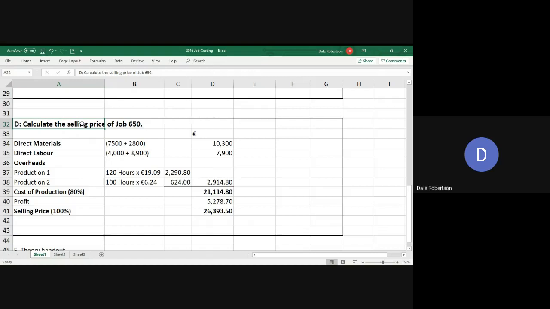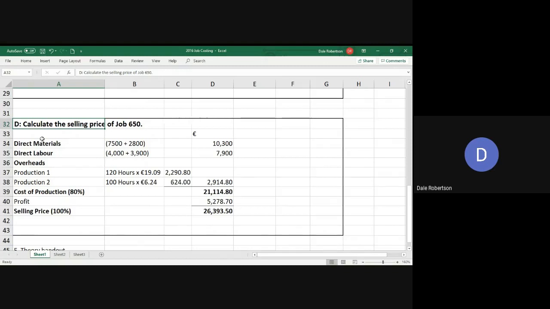And it also says the company budgets for a profit margin of 20%. So therefore, it's giving us all of this information and it's asking us to calculate the cost and then an appropriate selling price for this particular job, be it a batch of products that have been ordered.